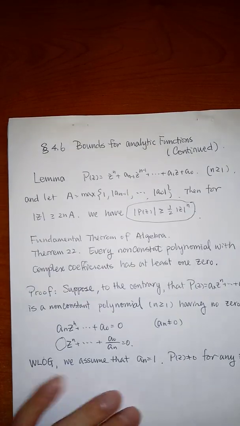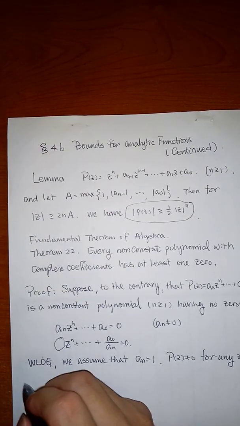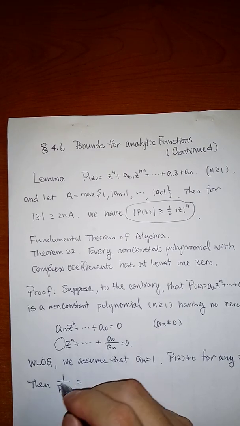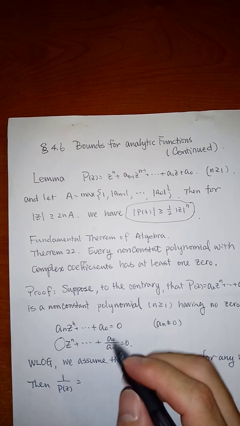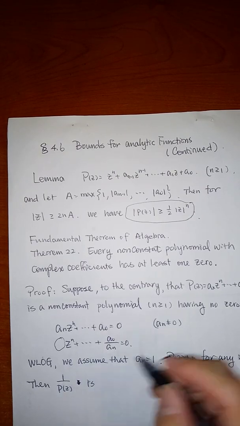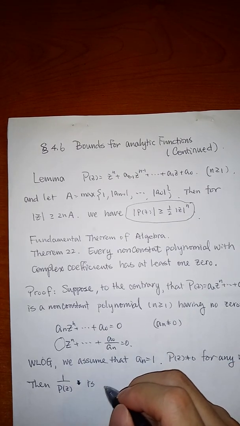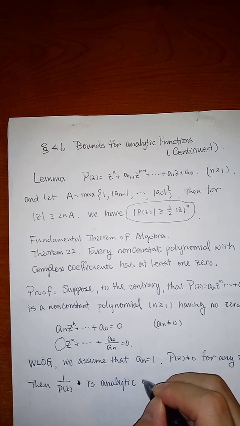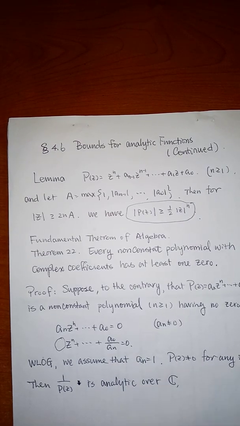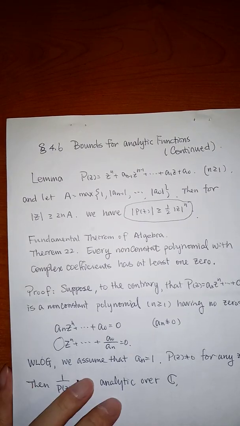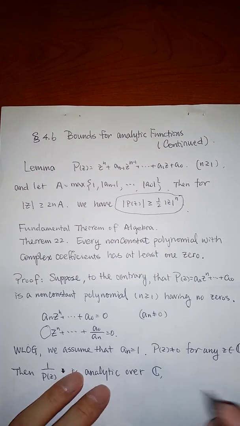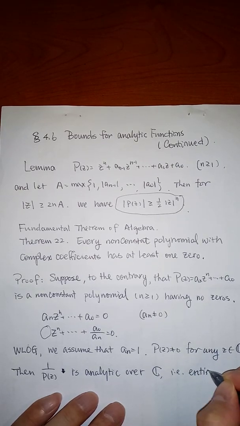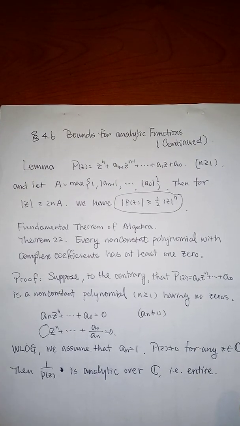Since this p of z is not 0 for all z, then 1 over p of z is analytic over C. It's a differentiable everywhere, an entire function.